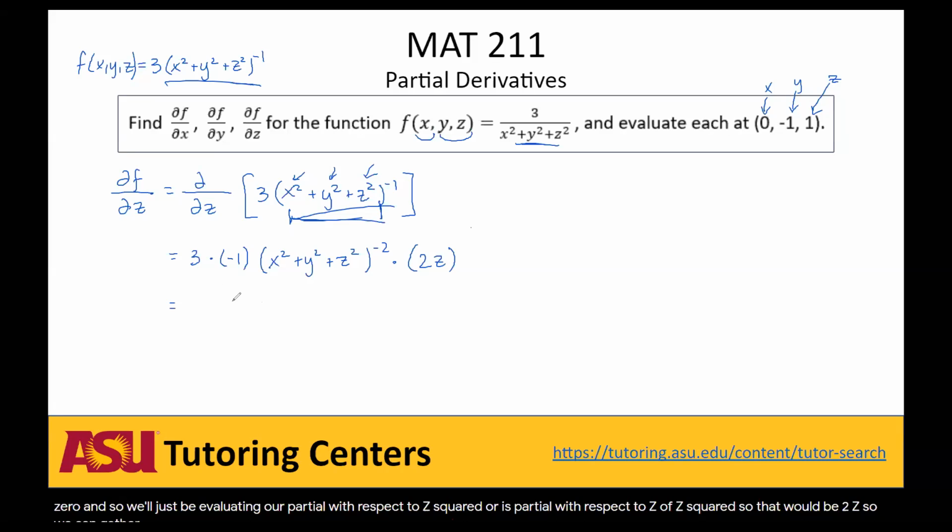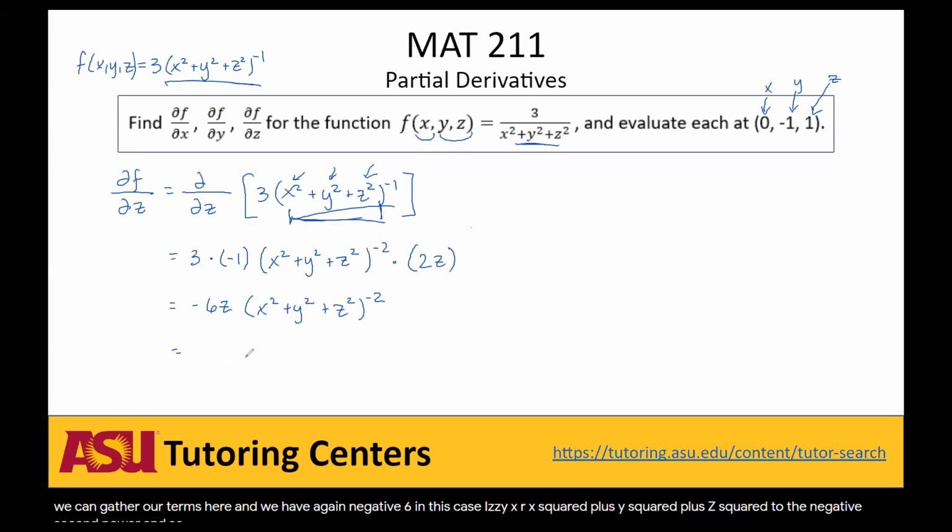So we can gather our terms here. And we have, again, negative 6, in this case z, times our x squared plus y squared plus z squared, the negative 2nd power.